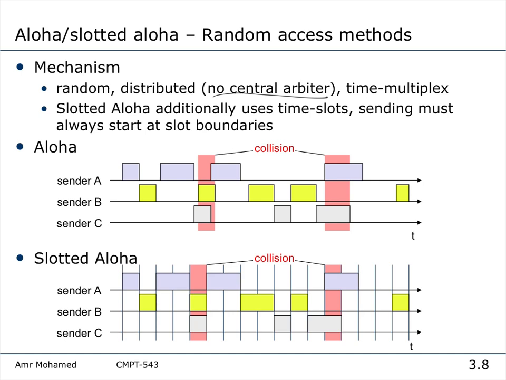If a node has a probability P to send, as we'll talk about in a few minutes, then the probability of any node sending on the medium will be multiplied by n. If you have n nodes and each one has probability P, and I ask what is the probability of having any node sending, then the probability will be multiplied by n. So there will be a high probability that some node can send.